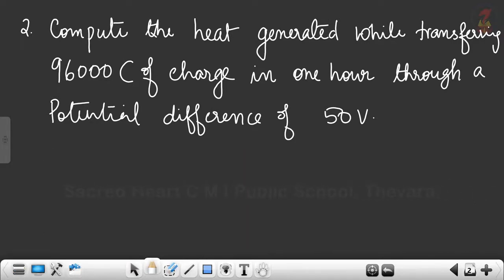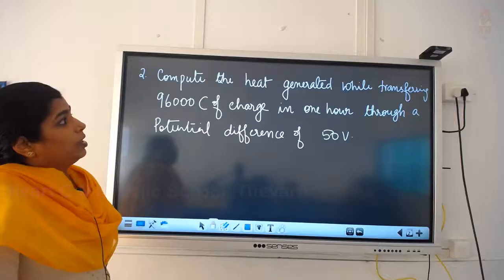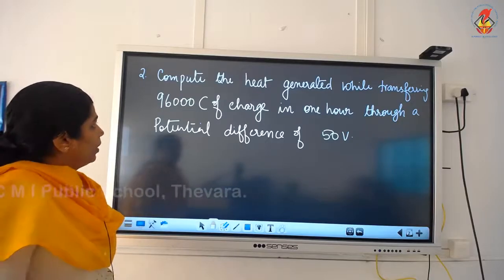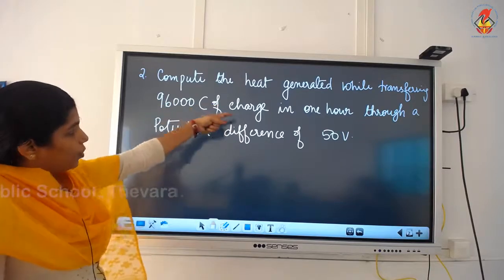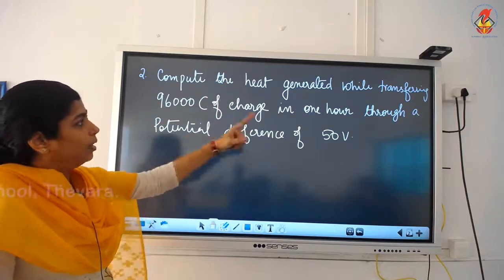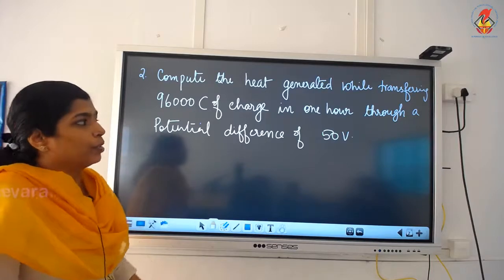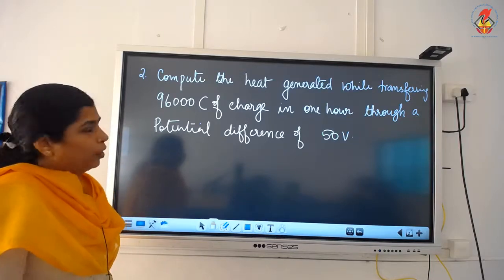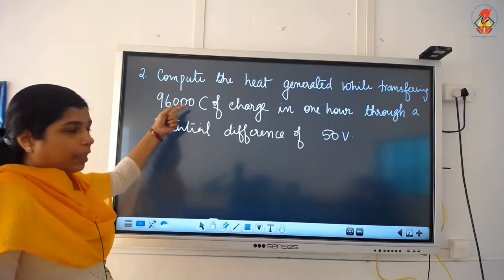So here, calculate the heat energy while transferring this much coulomb of charge in 1 hour through a potential difference of 50 volt. From here you can find current.